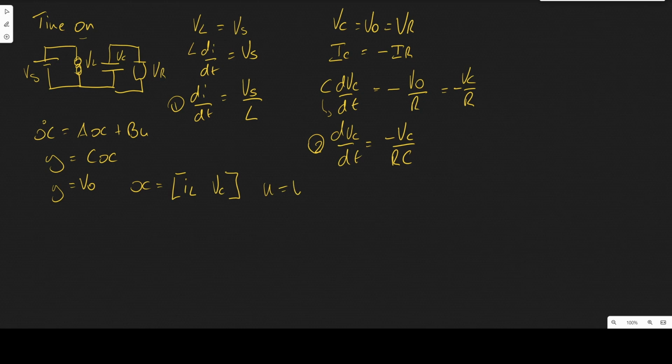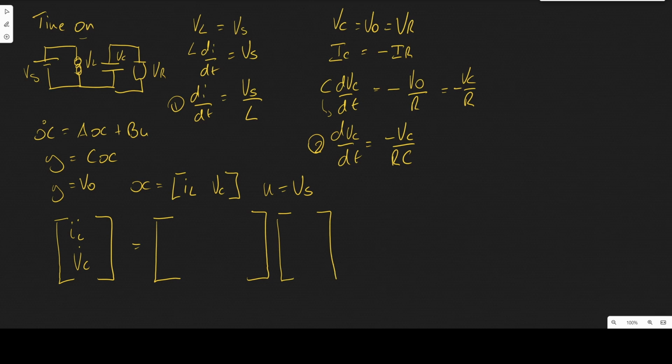The input u is equal to Vs, and to write this into state space form, that would be the derivative of iL, derivative of Vc, which is equal to the A matrix times the states that we've chosen, plus the B matrix times our input u, which is Vs. So iL, Vc, we know that the derivative from this first state equation is equal to Vs all over the inductance, so that would be 1 all over L, 0 here.